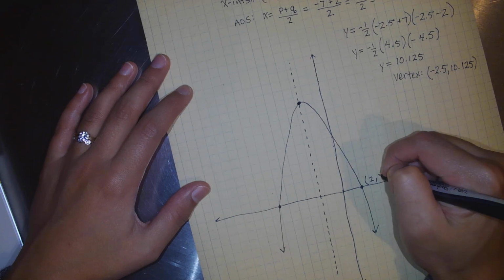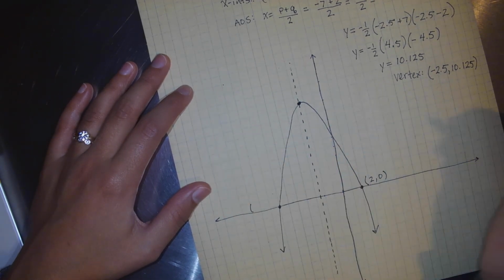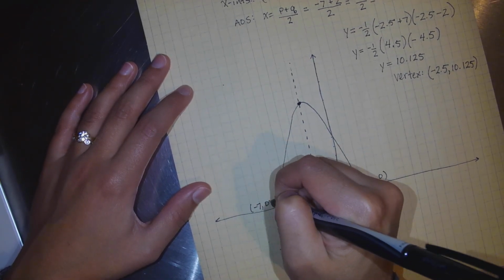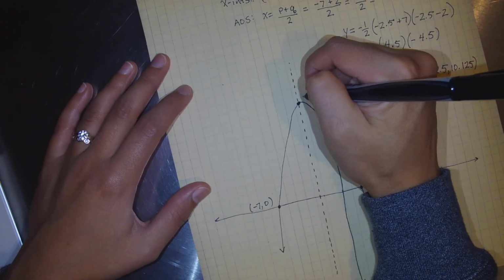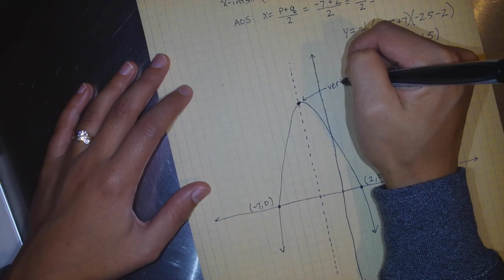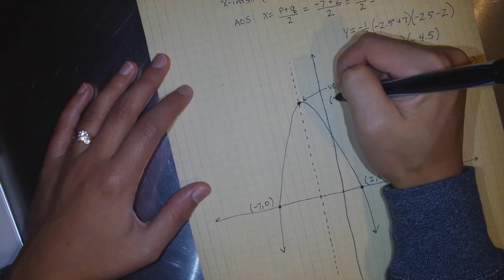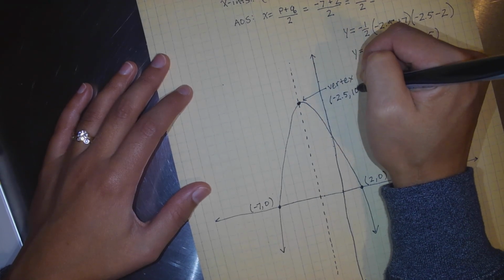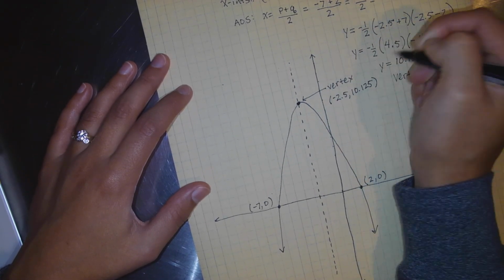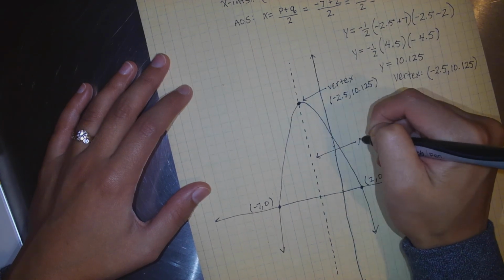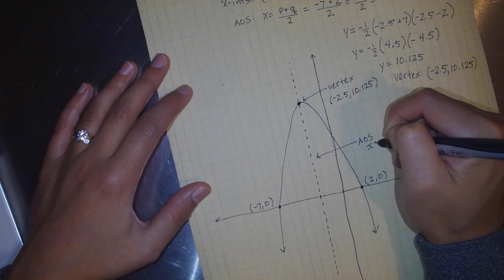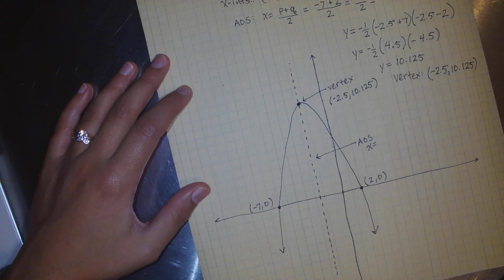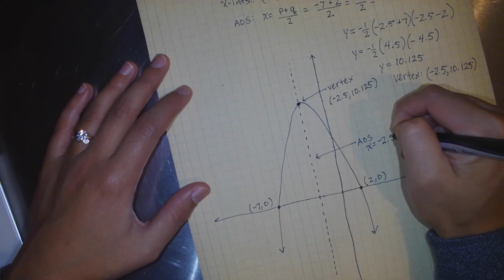Over here I have (2, 0). This side I have (-7, 0). My vertex is (-2.5, 10.125). And my axis of symmetry is x equals -2.5.